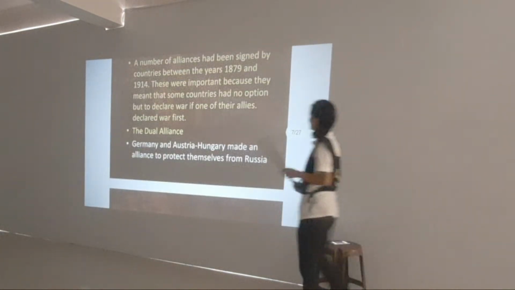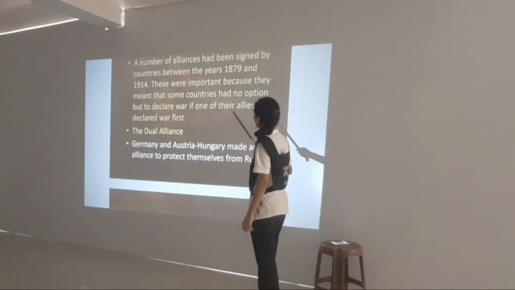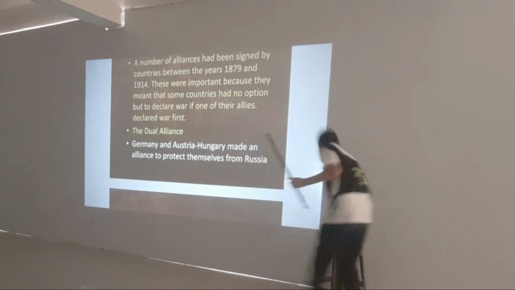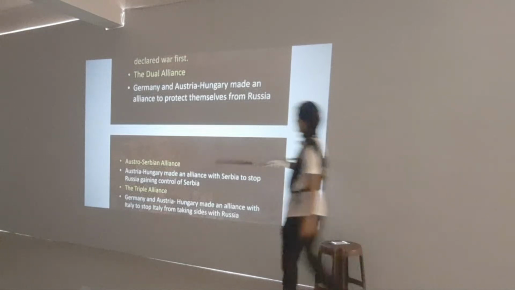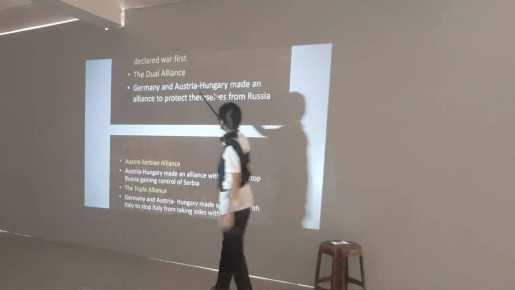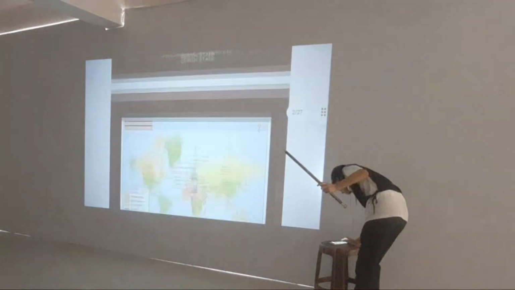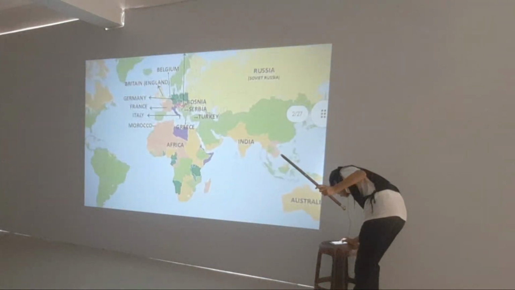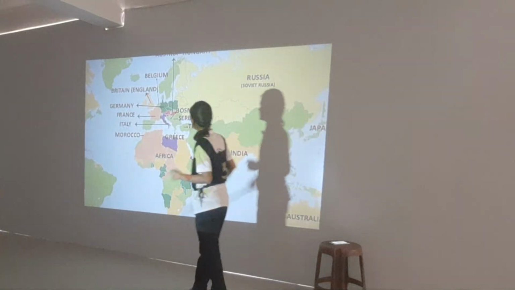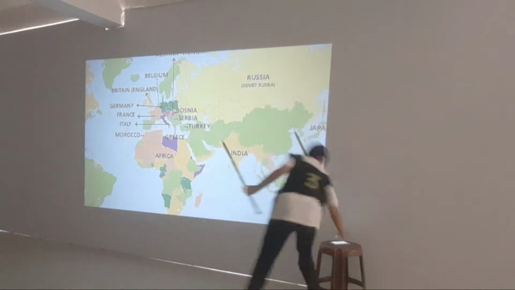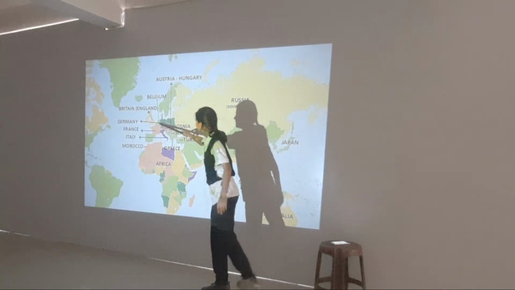Between 1879 and 1914, we saw multiple alliances, and we'll be discussing the dual alliance, Germany and Austria-Hungary, which you could see on the map. Austria is somewhere here, and Germany here.